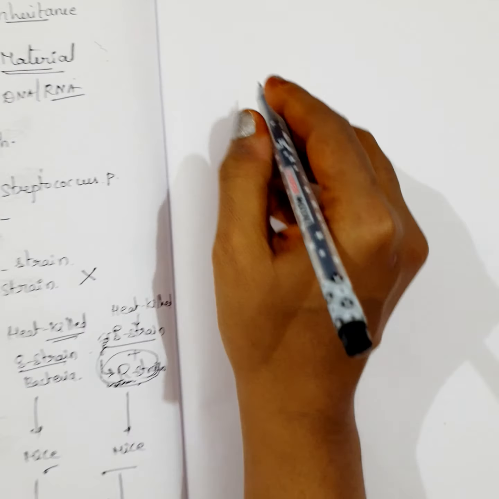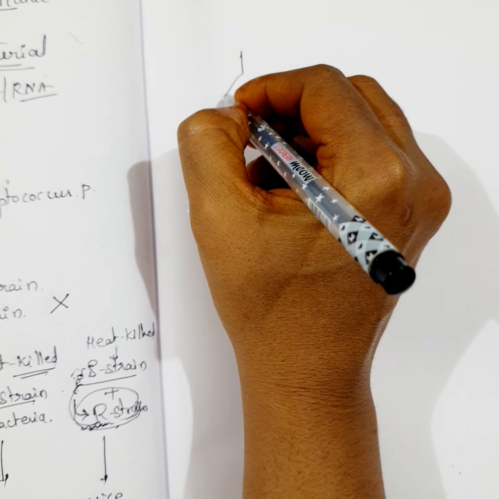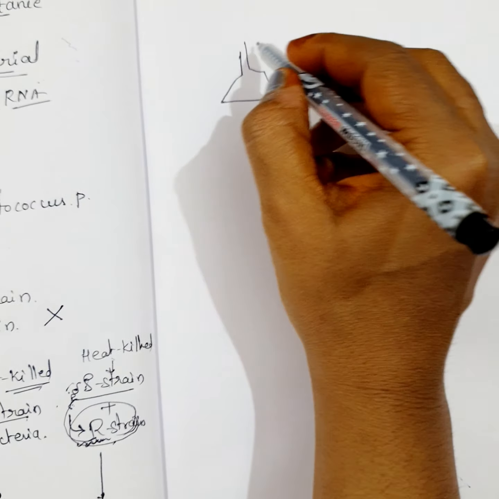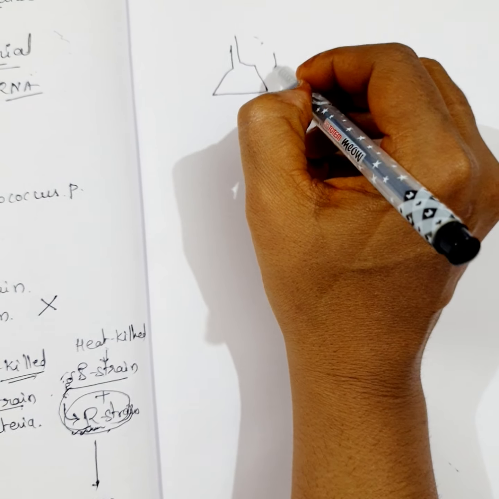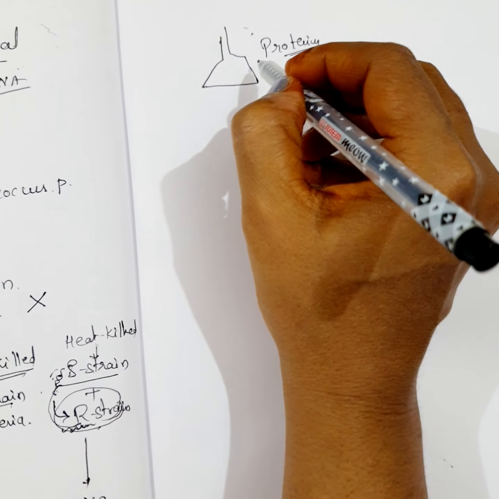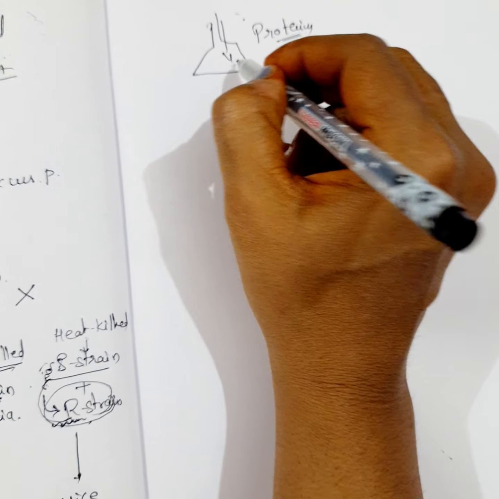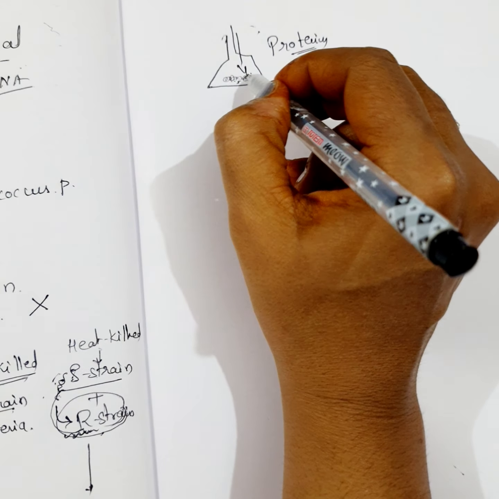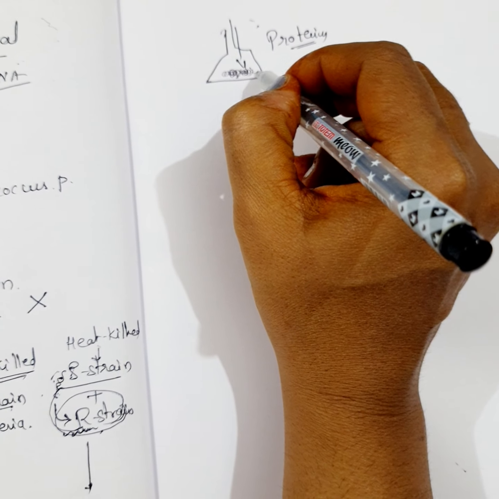So these three scientists took three vessel-like structures. In the first one, they added proteins, and they wanted to see whether it had the causative DNA, or whether it had the same properties.